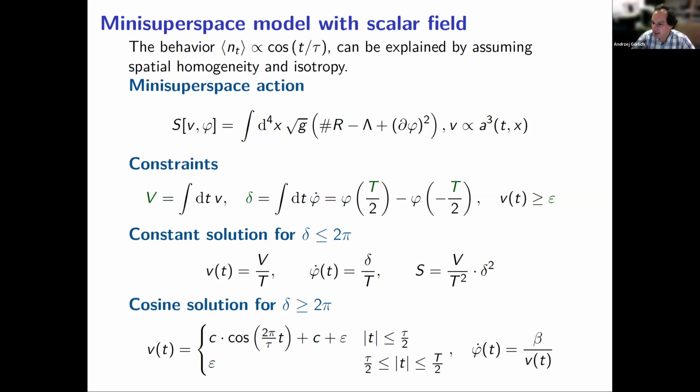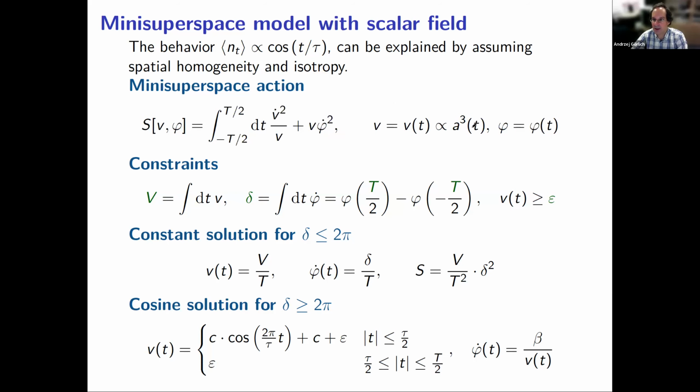Yes, we can, using a very simple minisuperspace model, where we assume spatial homogeneity and isotropy, both of the geometry and the scalar field. So we assume that the metric depends only on t, on time, and the scalar field also depends only on t.